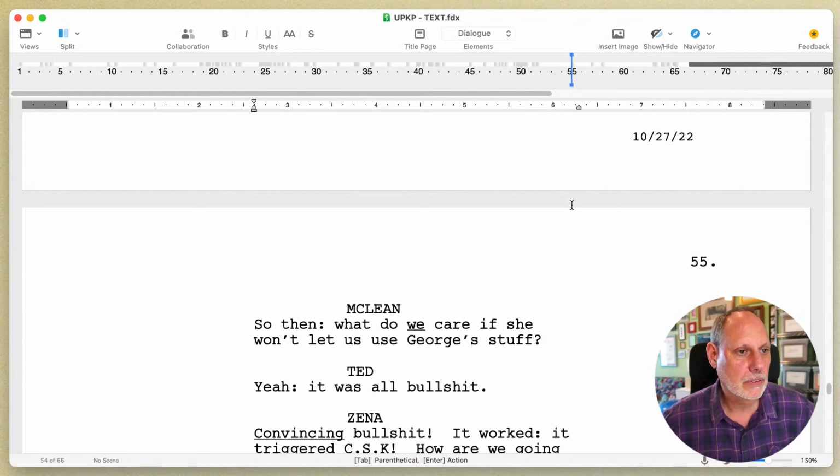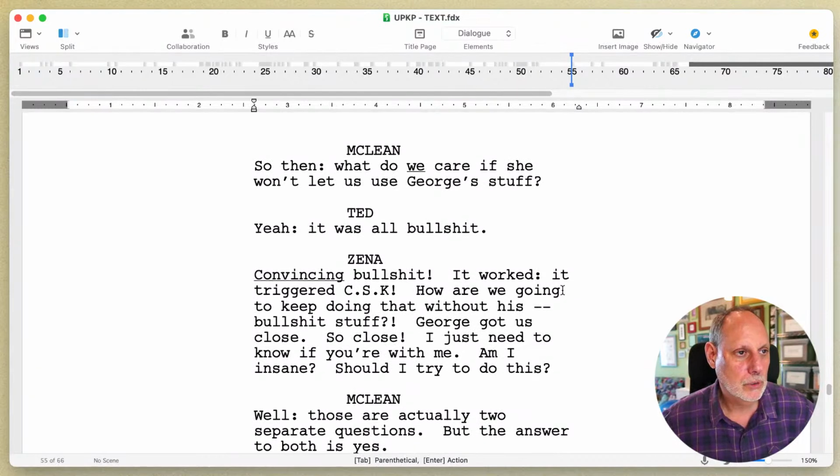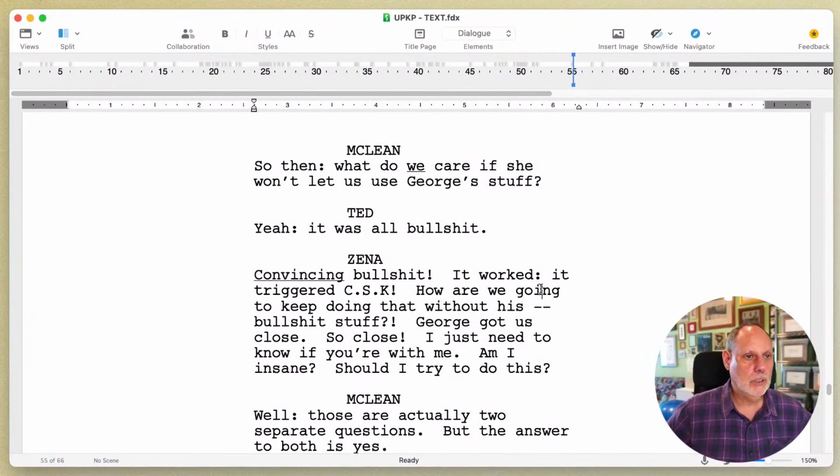So then what do we care if she don't let us use? Yeah, it was all bullshit. Convincing bullshit. It worked. It triggered CSK. I'm going to keep doing that without his bullshit stuff. George got us so close.